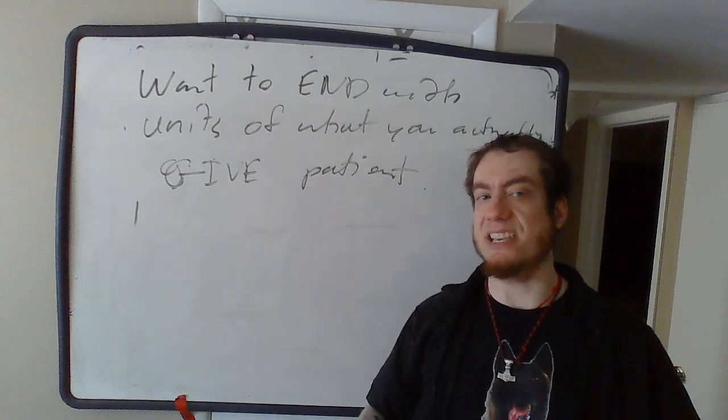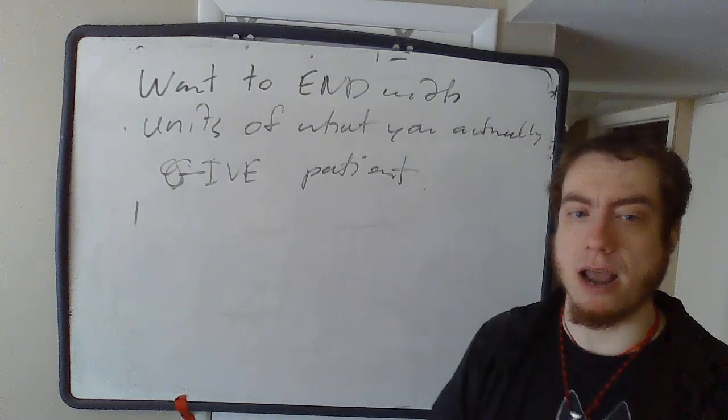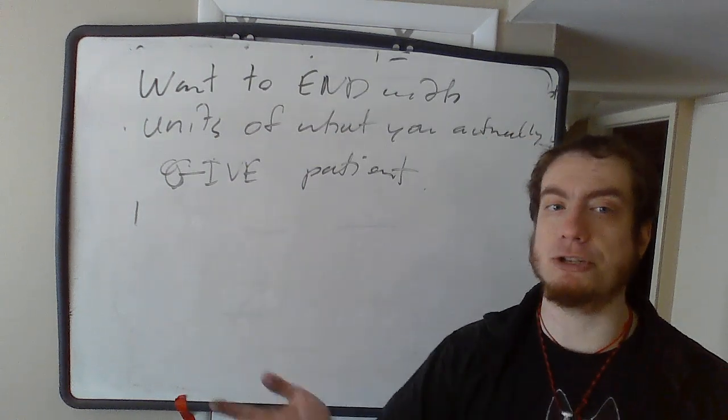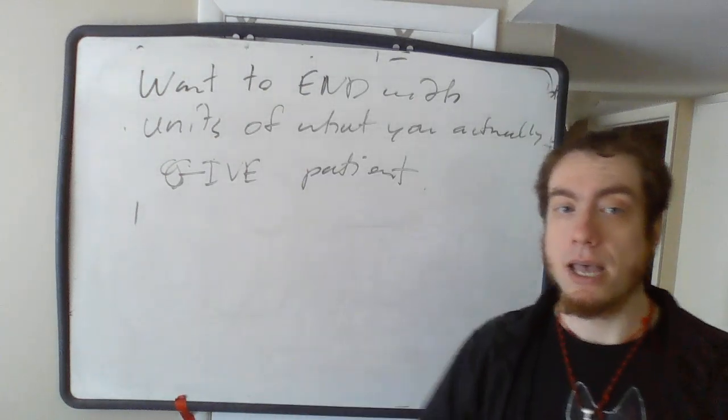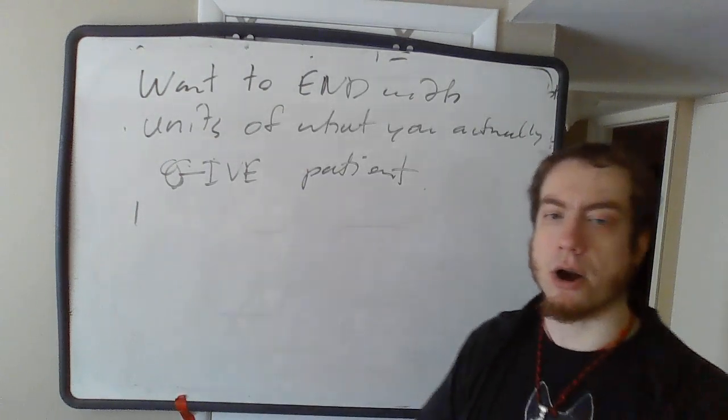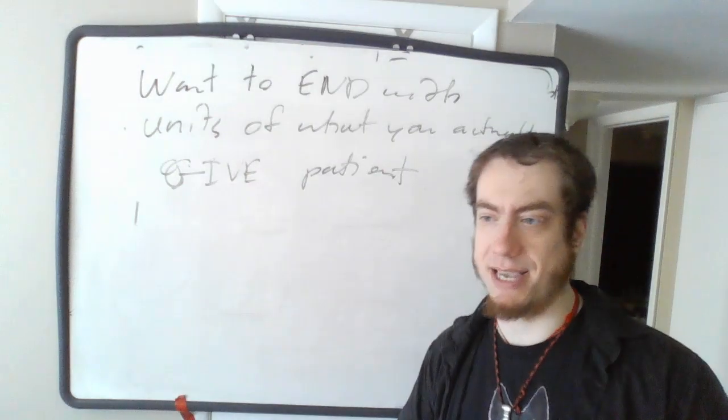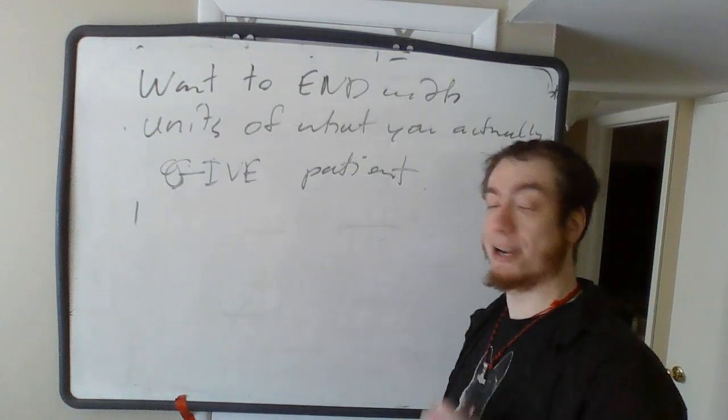Sometimes that will be cc's. Sometimes it might be measured in, I don't know, grams. Sometimes it might be measured in a number of tablets, okay? We'll talk more about that on our next lecture. How do you deal with things like that sort of thing? And you'll learn more about that in your actual vet courses.